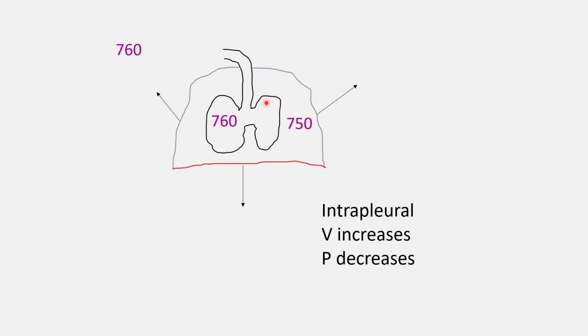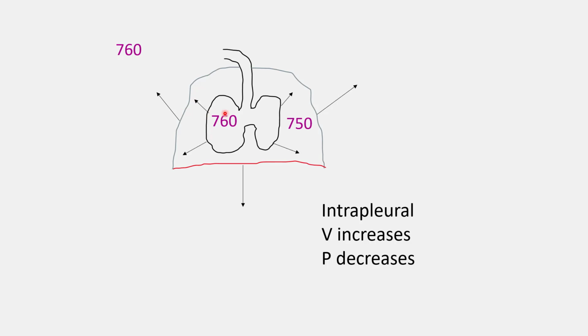Well, think about what transpulmonary pressure did. Remember, transpulmonary pressure is what actually stretches the lungs. It went from 756, a difference of 4, to 750. Now it has a difference of 10. So it's going to be stretching on the lungs more.